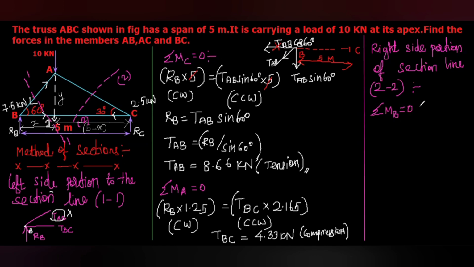Here for the joint C, what are all the forces acting at the joint C? If this is joint C, the vertical upward force RC is acting upward, the inclined force TAC is acting at an angle of 30 degrees with respect to the horizontal, then the horizontal force, the tension in the member BC or CB, whatever.